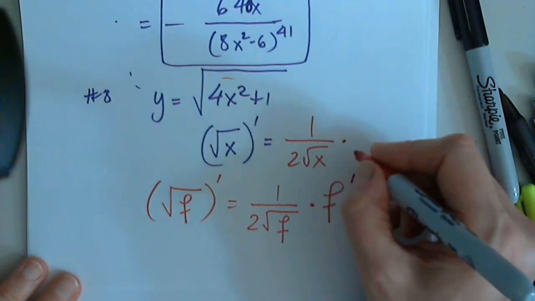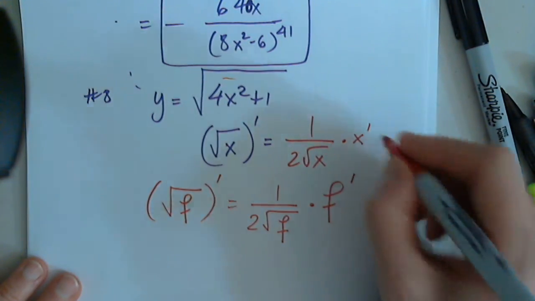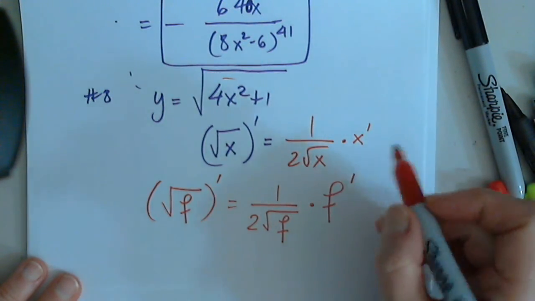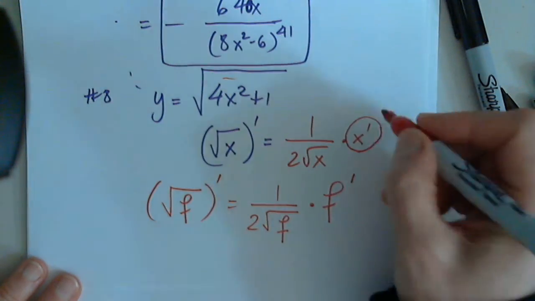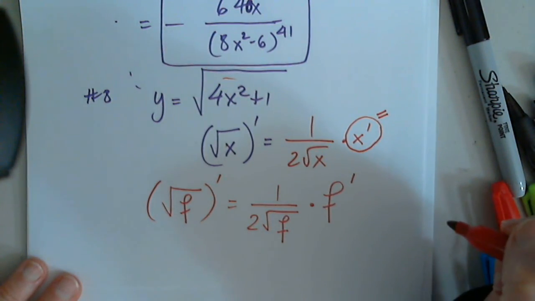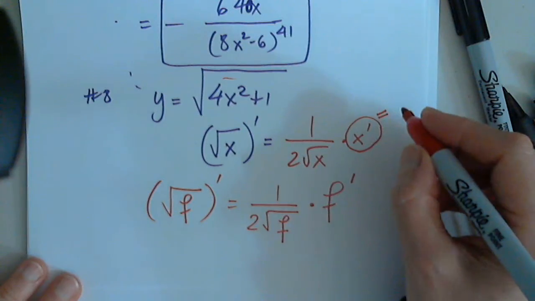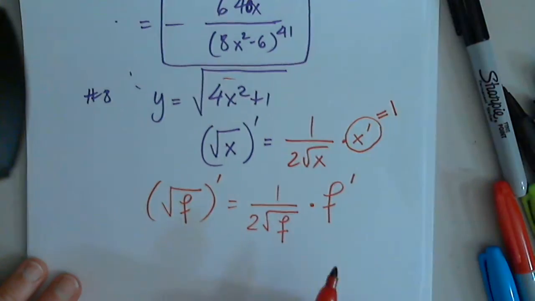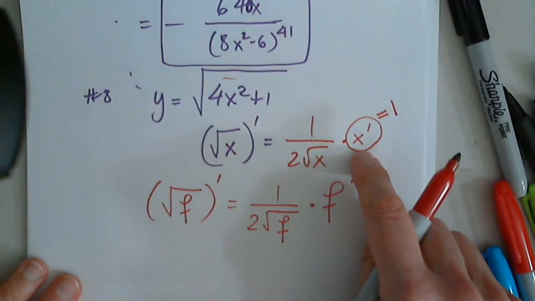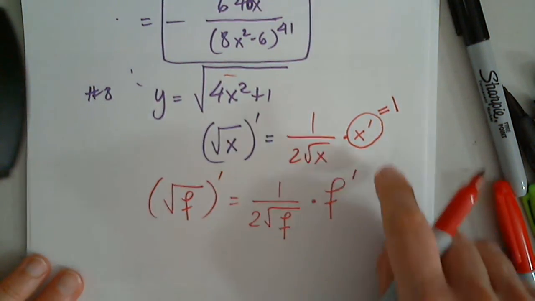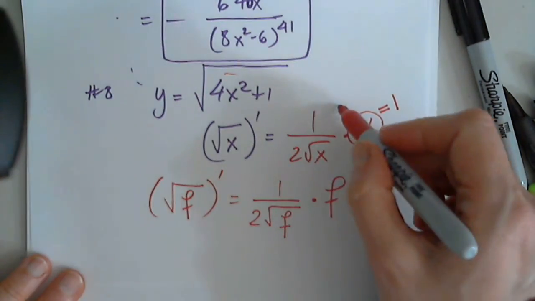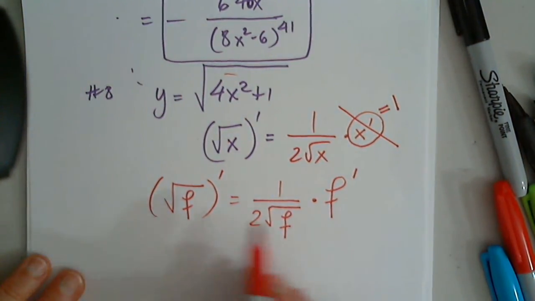Here, I can do the same thing if you want. But why don't I do it? Because this equals how much? 1x. That's it. The rate of change of x is 1. That's why we didn't write it. There was no need. But here there is a need.